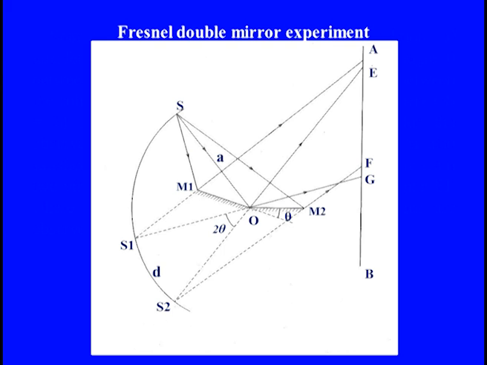Thus, the condition for the observation of widely spaced interference fringes is also satisfied. The light on the screen AB appears to come from two virtual coherent sources S1 and S2, and in the region EF where the two beams overlap, interference fringes are observed parallel to the slit.